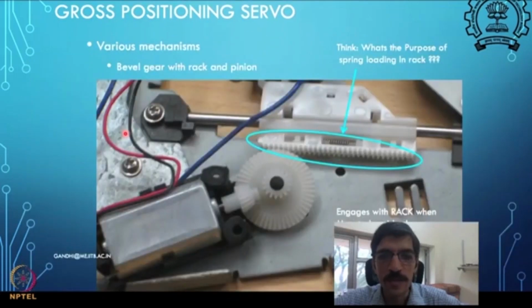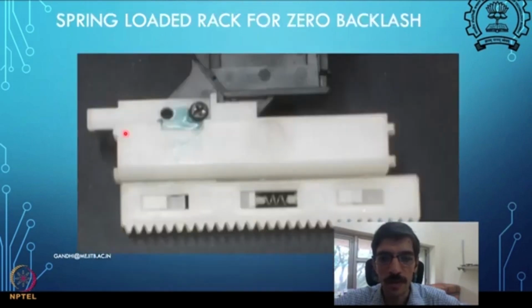Then this is another way of preventing backlash, by using two spring-loaded racks, where you give a pre-compression in the spring so that the two racks are getting pushed away from each other, and then you engage them into the pinion teeth, and then this mechanism will start working.